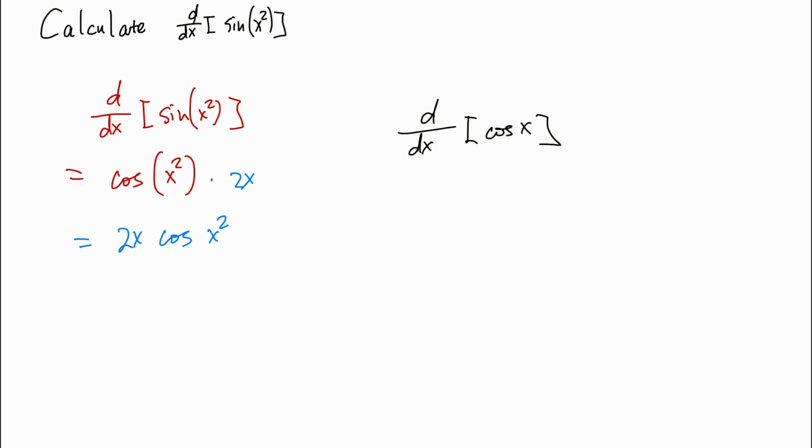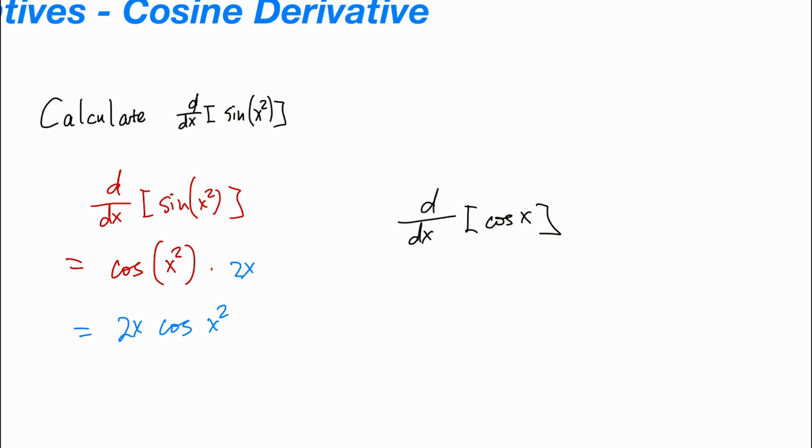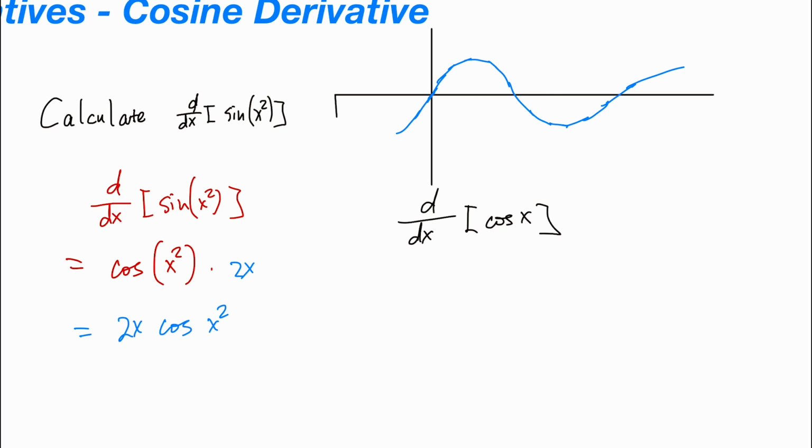If we think about the graph of sine of x and cosine of x, let's say this graph depicts sine of x, something like this, and this graph depicts cosine of x, something like this.